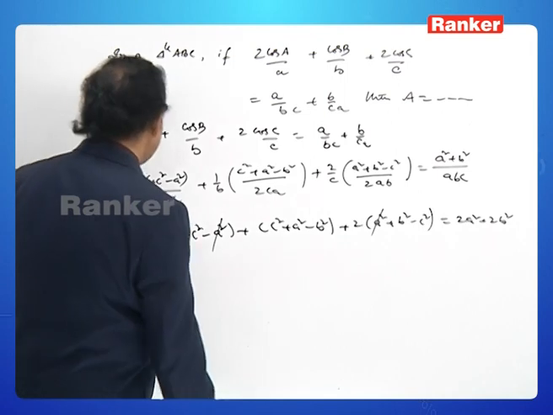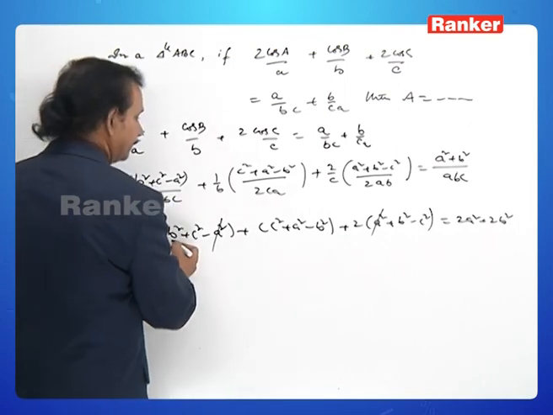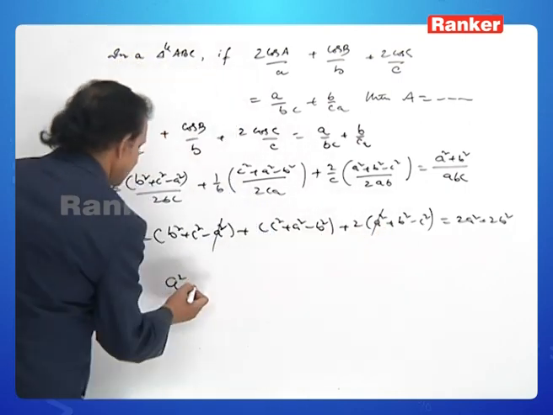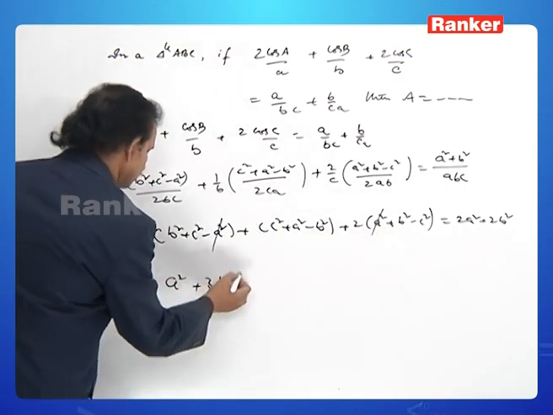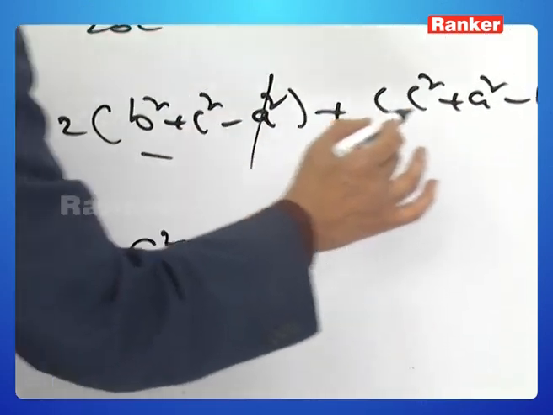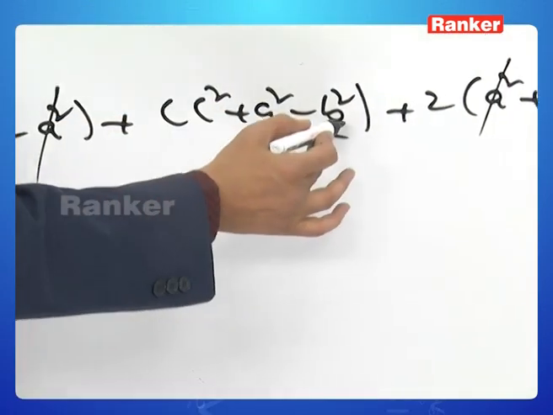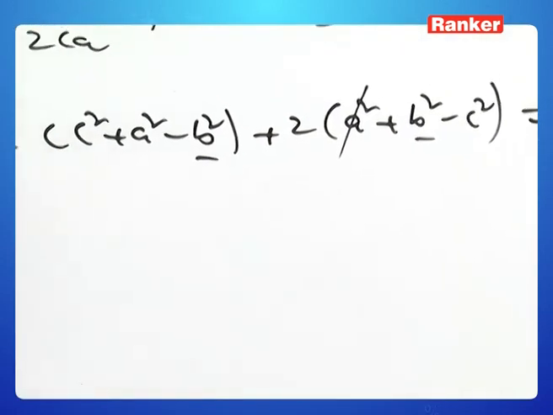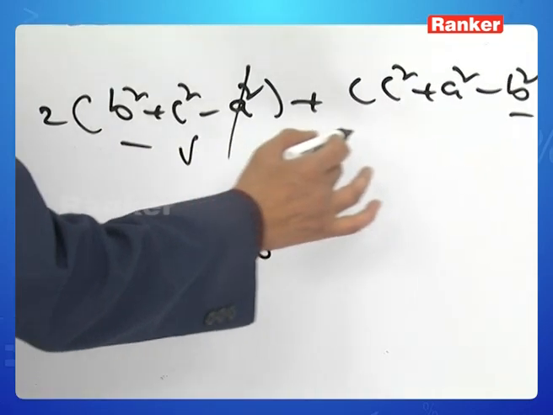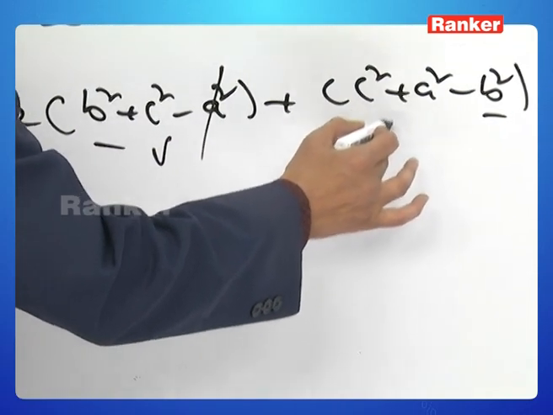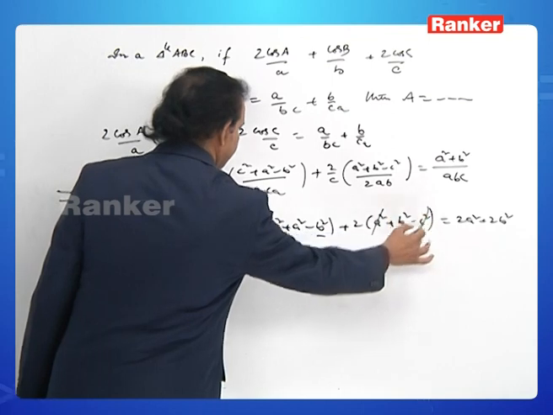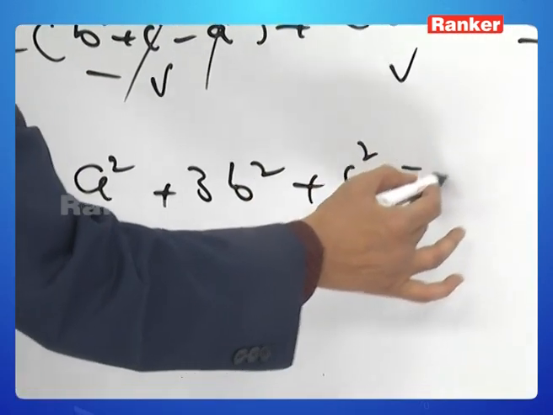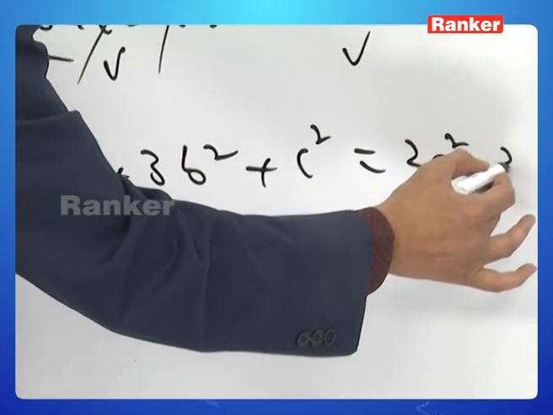Regarding b squares, 2b square minus b square is b square, plus 2b square is 3b square. And then about c squares, 2c square, 3c square, so that these two will be cancelled, leaving you plus c square is equal to 2a square plus 2b square.